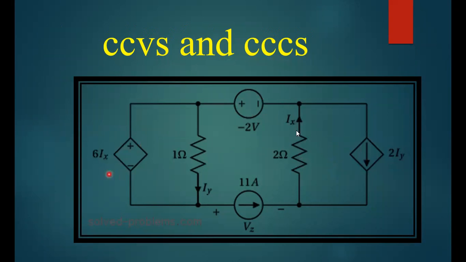The current source's current can be changed by changing the current Iy. The voltage source's voltage can be changed by changing the value of the current Ix, with the magnitude of 6Ix.